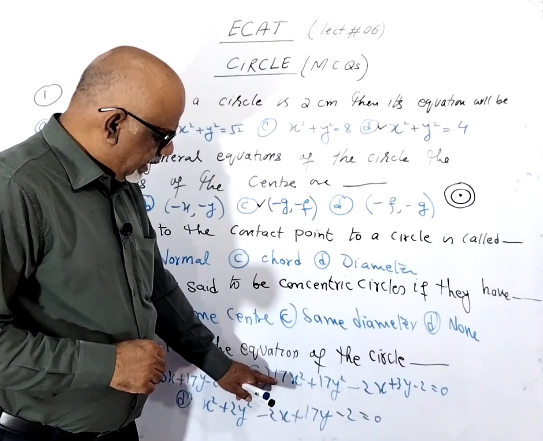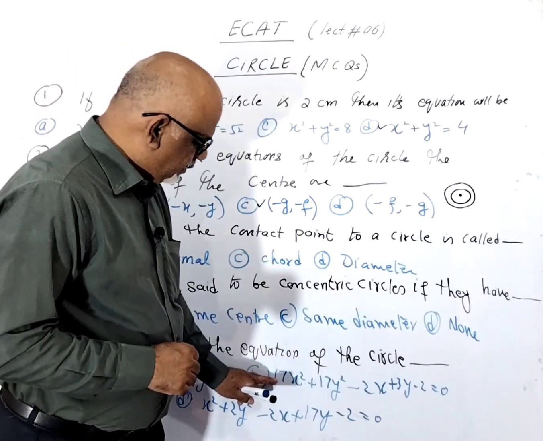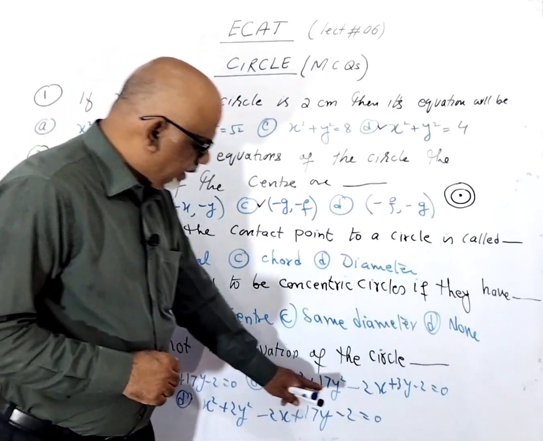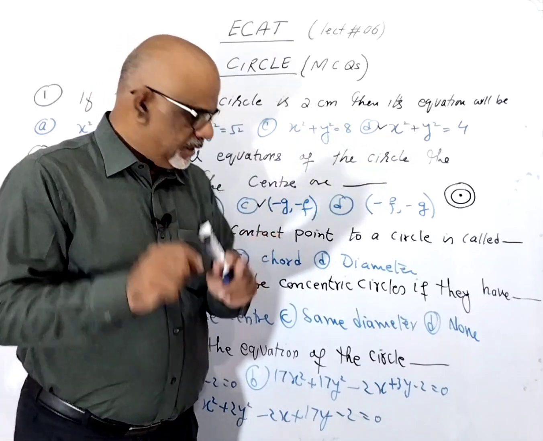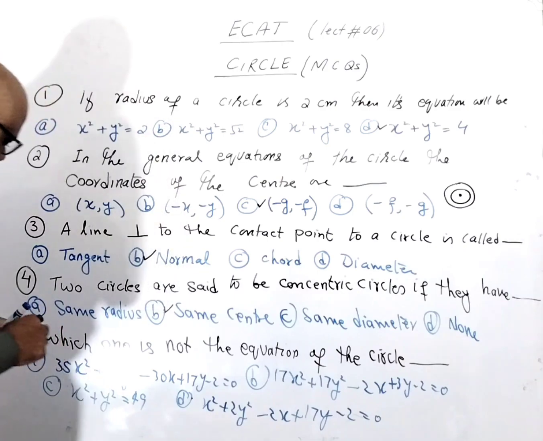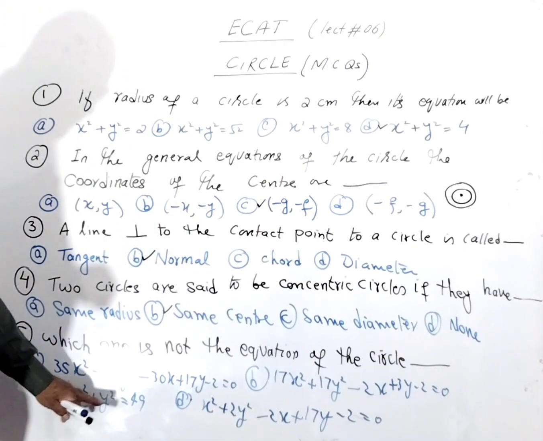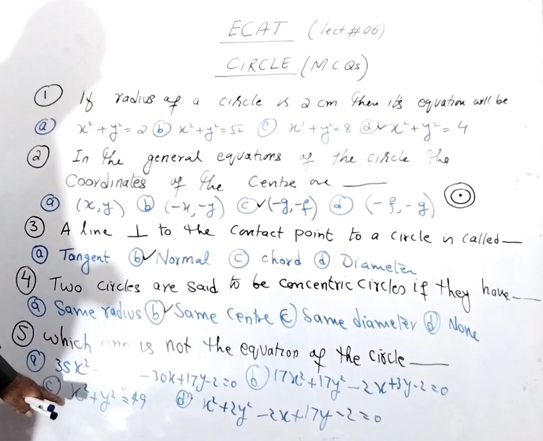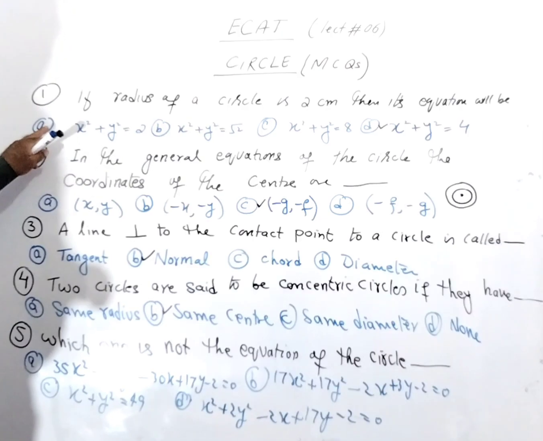Now come to the B part. This is 17x square plus 17y square. If we take 17 common from the whole equation, it becomes x square plus y square. That means B is also the equation of the circle. Now the C part: x square plus y square equals 49, the equation of a circle having the center at origin, which we have already discussed in the first part.